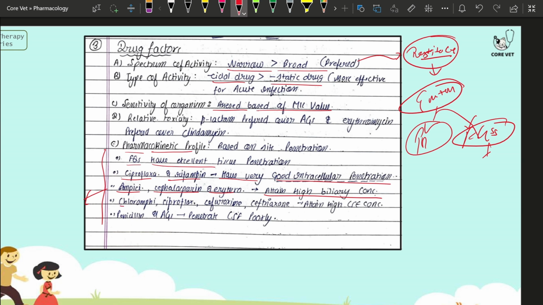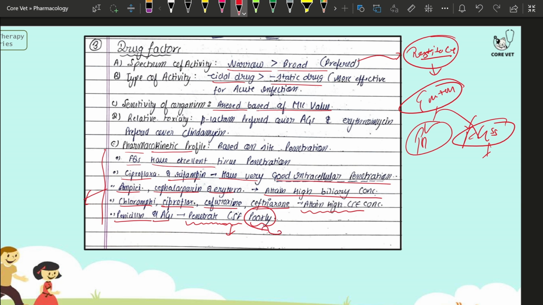Chloramphenicol, ciprofloxacin, cefuroxime, and ceftriaxone attain a higher concentration in the CSF, the cerebrospinal fluid. Penicillin and the aminoglycoside, however, penetrate the CSF poorly.